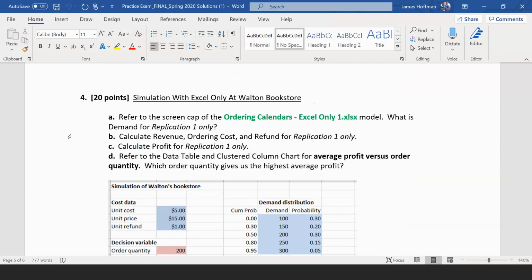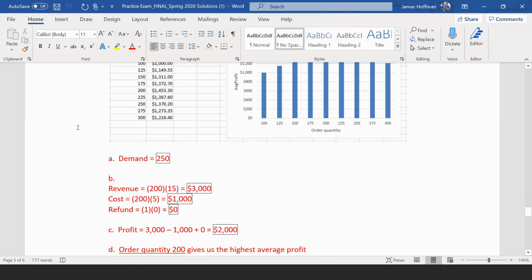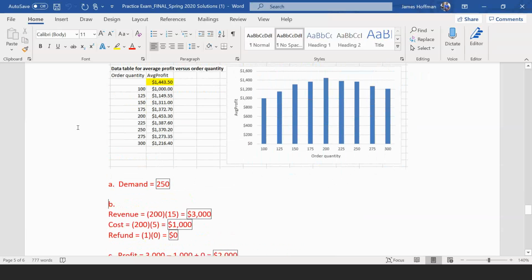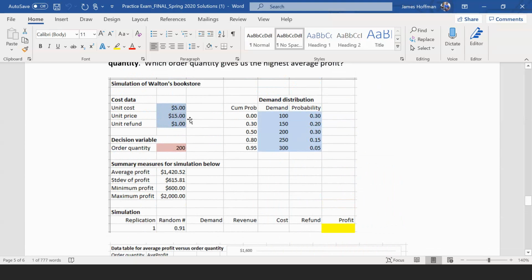All right, so with that demand, what is our revenue, cost, and what's the refund, if any? Okay, so revenue is the price we sell the calendars at, which is $15, and then you multiply it by, so it depends on your order quantity and your demand.